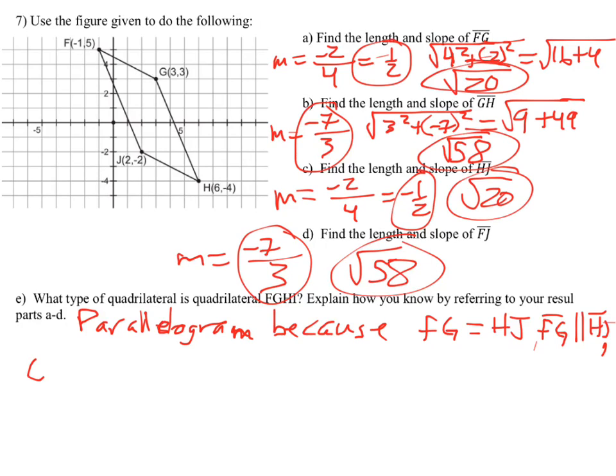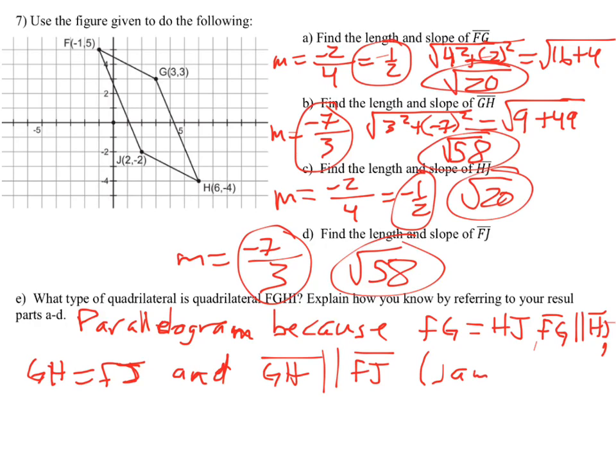So because GH is the same distance as it is from F to J, and that's a J, FJ, and GH is parallel to FJ. It's because they have the same slopes, by the way. They're parallel. And this whole thing's a parallelogram, and there you go.